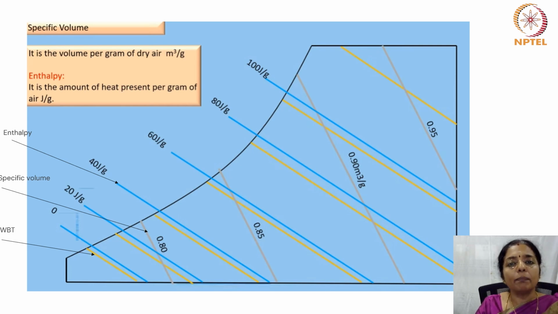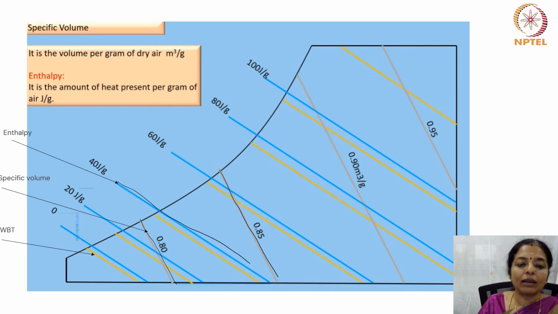The enthalpy lines are very similar to wet bulb temperature lines, but these lines are extended towards the enthalpy scale. For example, this is the specific volume line and these are the enthalpy lines.